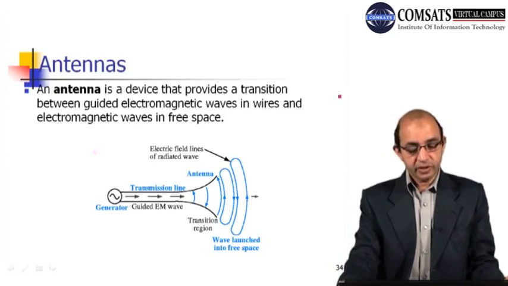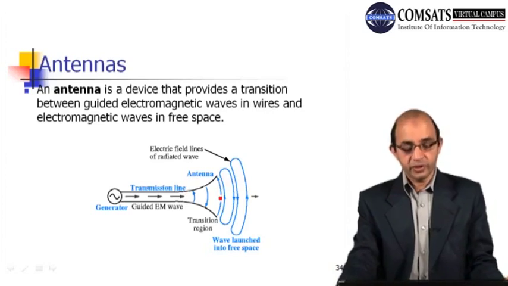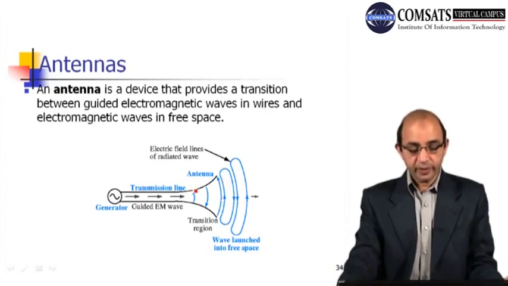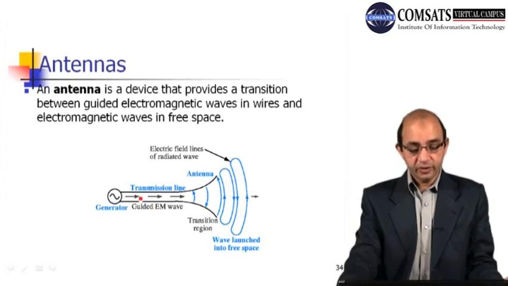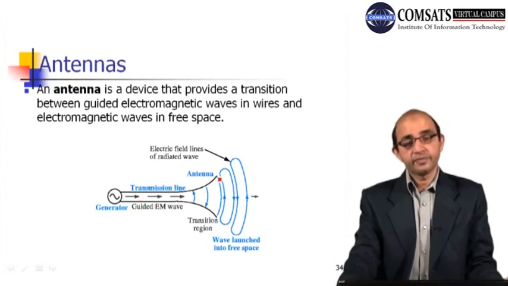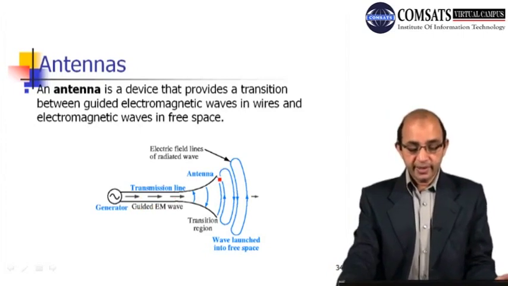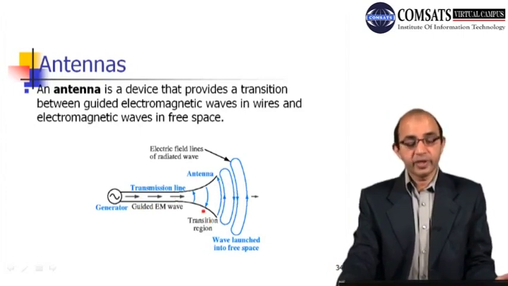Here we have the transmission line, and we have cut down the transmission line and bent it in this way. You can see that we have the guided EM wave that is traveling along this transmission line, and because we have bent the ends in such a way, they are forming an antenna.